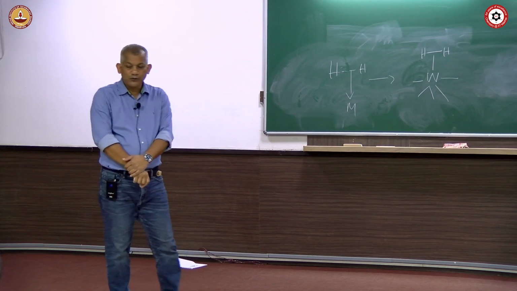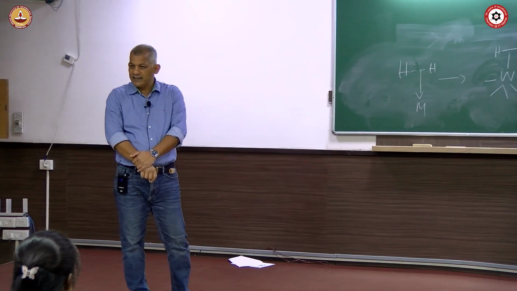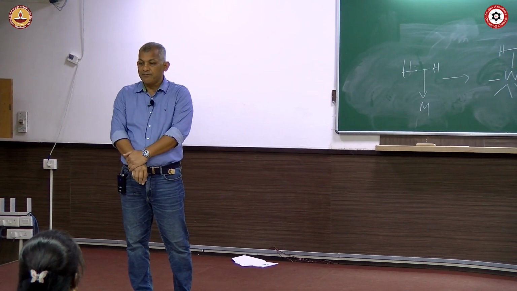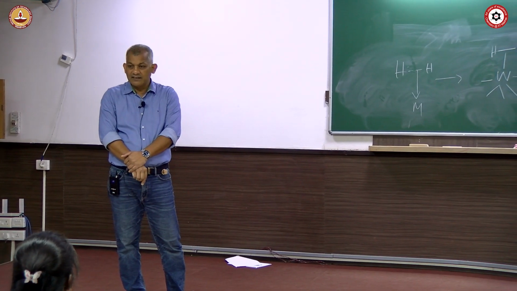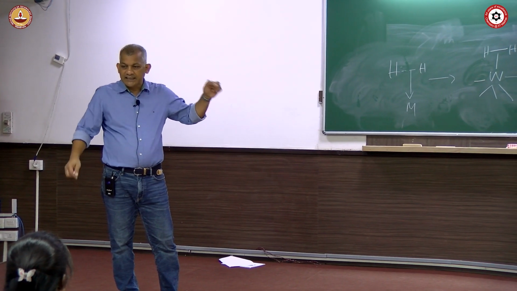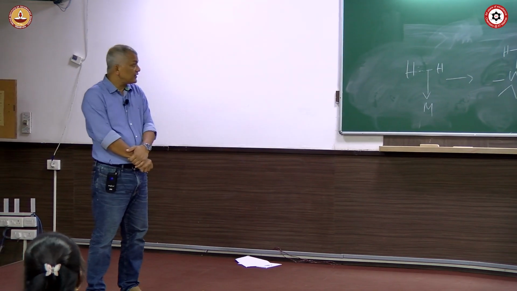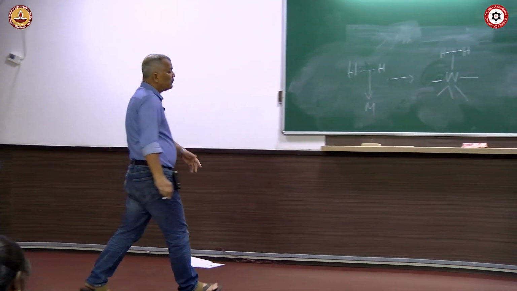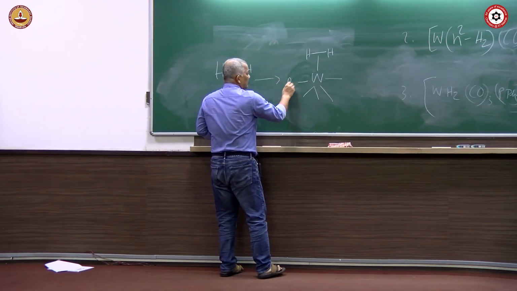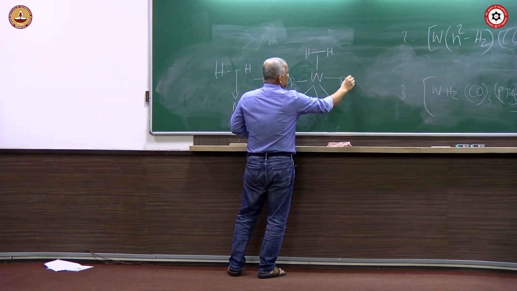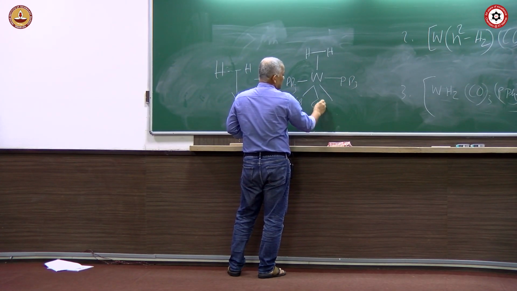So total 2 phosphine, 3 CO, 10 electron. Tungsten gives 6 electron, 16 plus eta 2 hydrogen, so it's 18 electron. So if I ask you to draw the structure of the first one, it would be like this. PR3, PR3, CO, CO.